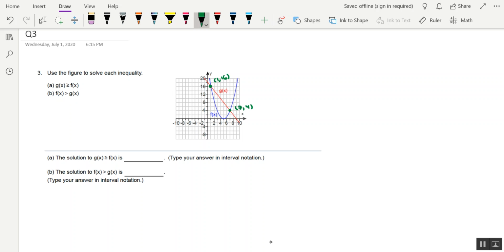And what I'd like to do with this information is just mark on the x-axis the x-coordinates of each of these points. So the first point of intersection I labeled was 1, 16, so I'm going to go to the x-axis and label 1 down there. And then the next point was 7, 4, so I'm going to go down to the x-axis and label the 7 there.